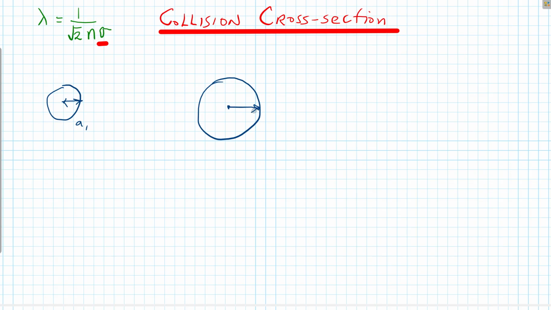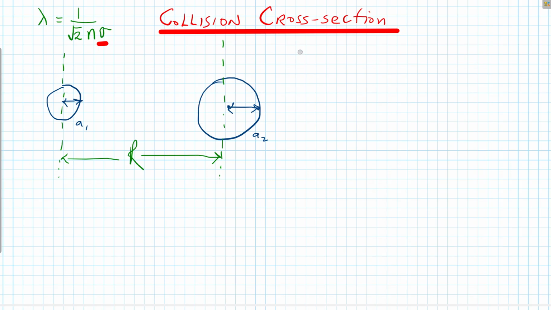Let's say this molecule has radius A2, and we can consider the separation between these two molecules, the distance between them. Let's call it big R. So from the center of molecule A1 to the center of molecule A2, we have the separation R.